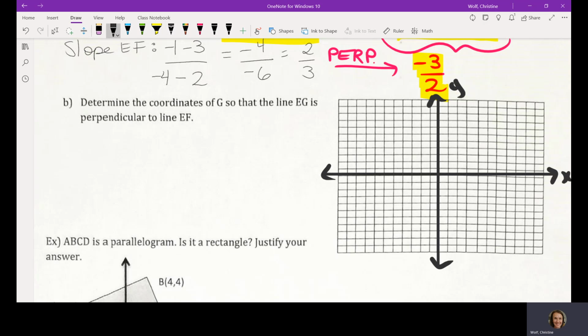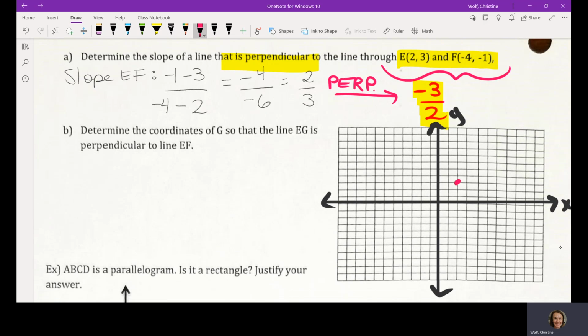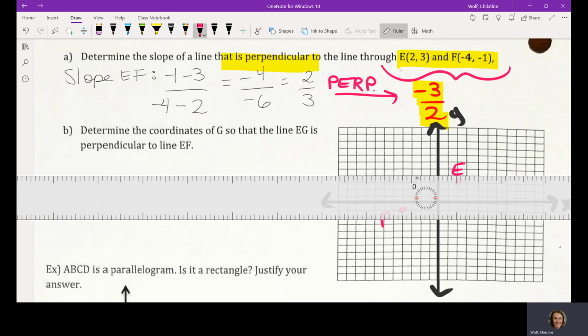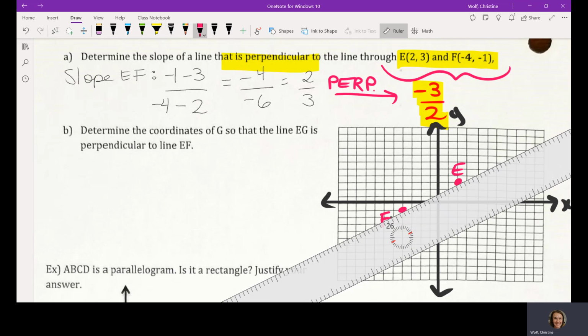Like I said, it wants us to draw 2 lines, EF, EG. We don't know G, but we do know EF, so I can draw the line EF. So point E is at 2, 3. There's E, and point F is at -4, -1. So there, I've at least drawn the line EF.